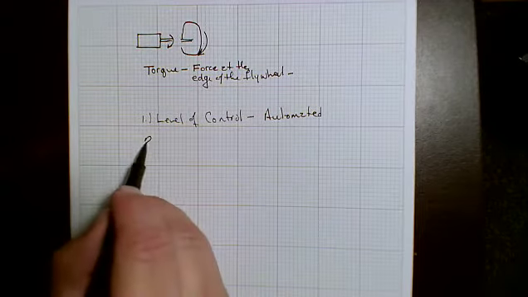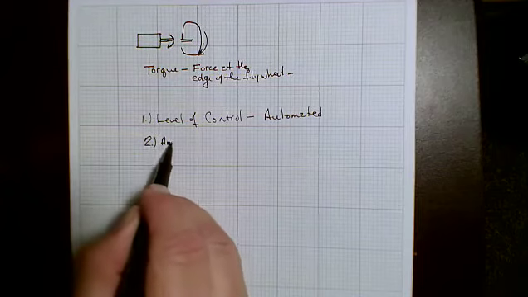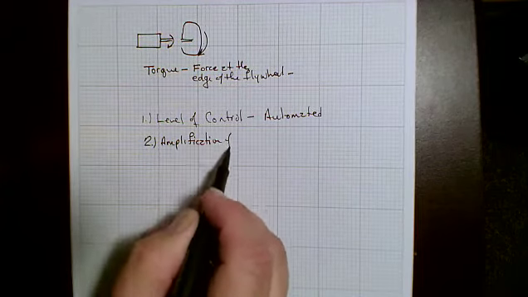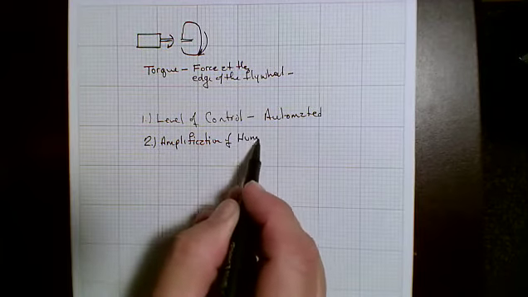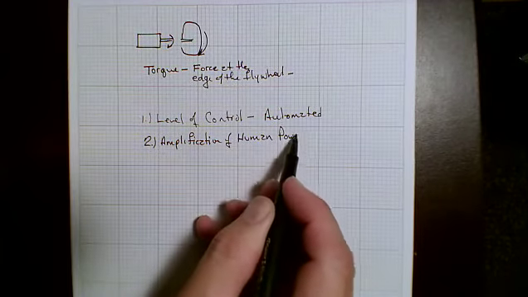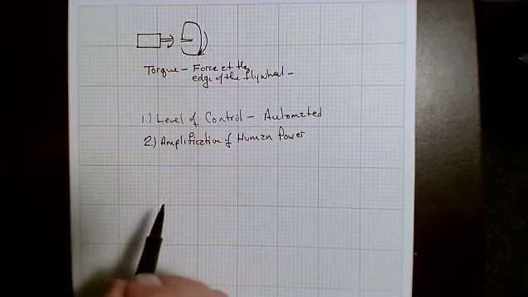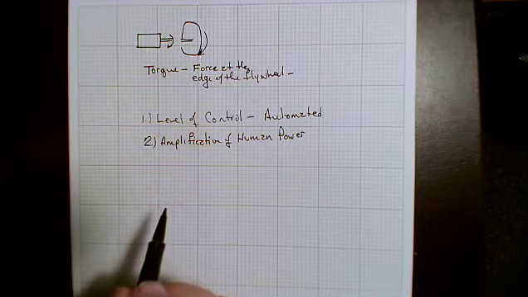The second is more amplification of human power. When I was your age, about 30 odd years ago, an awful lot of muscle power was required to run the machine. To change gears was difficult.